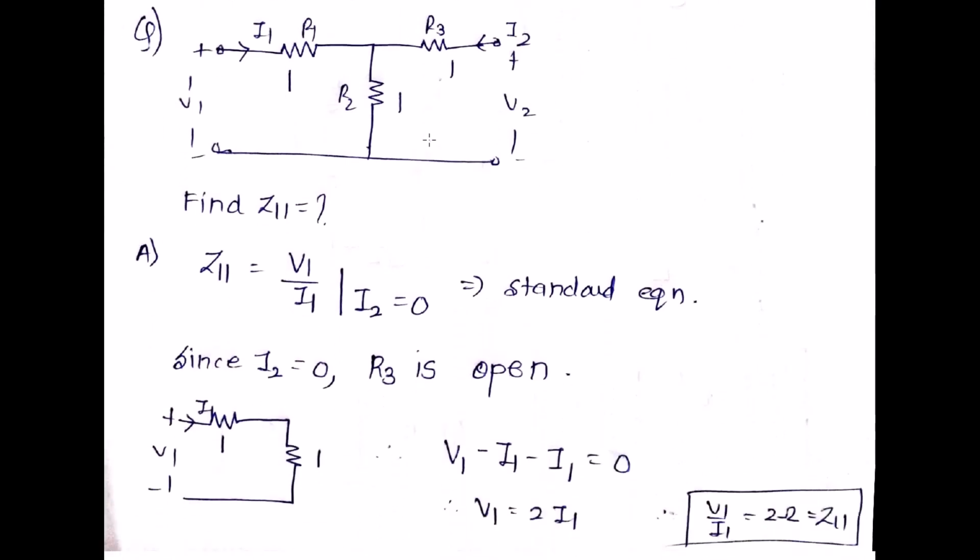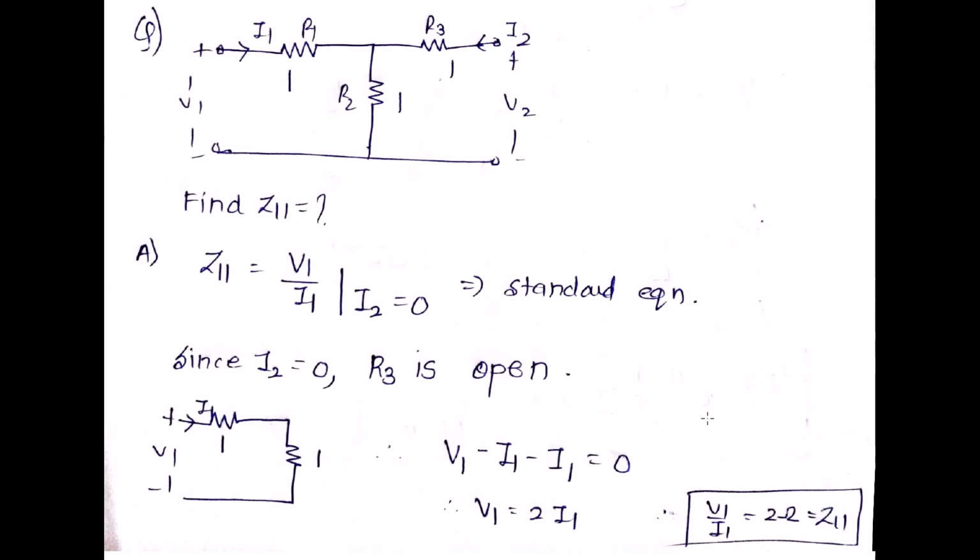Hence, simply apply KVL over here. We have V1 minus 1 into I1 minus 1 into I1, and I2 is equal to 0. Hence, my V1 upon I1 when my I2 is 0 is given as 2 ohms.